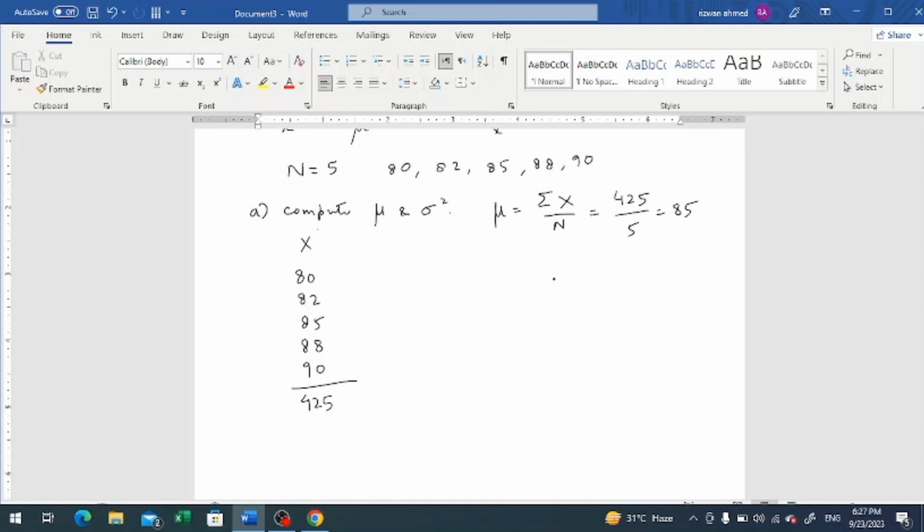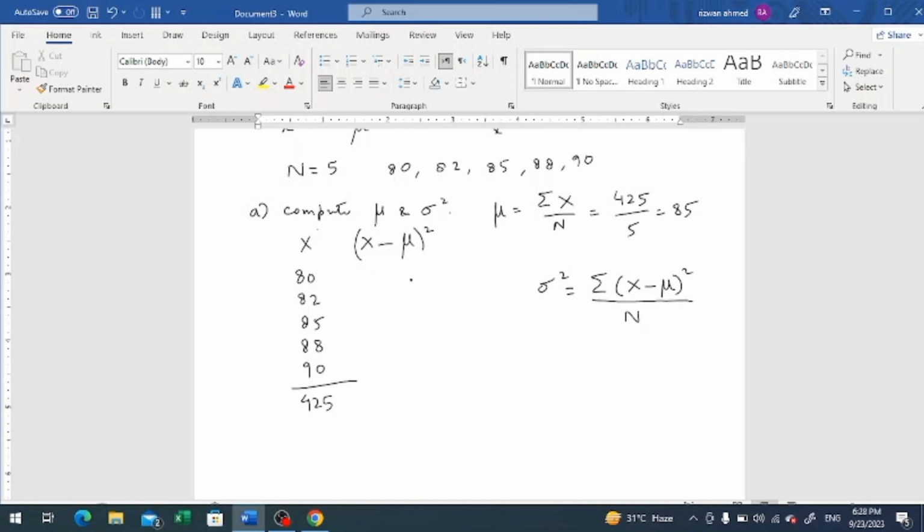Now to compute the variance of the population, we make use of this formula. We need to take away mu from each value of x and then square it.